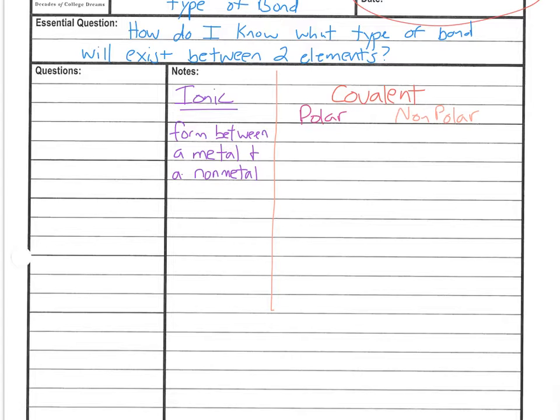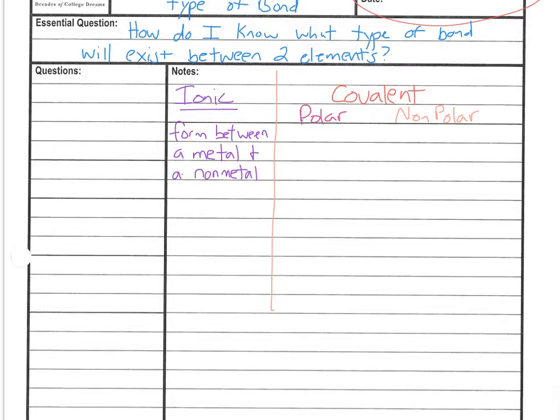So when we colored our periodic table with the metals and the nonmetals and the metalloids, remember a metalloid is like a nonmetal. It just sometimes behaves like a metal, but you have to have one from each side of the periodic table, either in the middle or all the way on the left or the right and somewhere in the middle. But you got to have a metal and a nonmetal for it to be ionic.